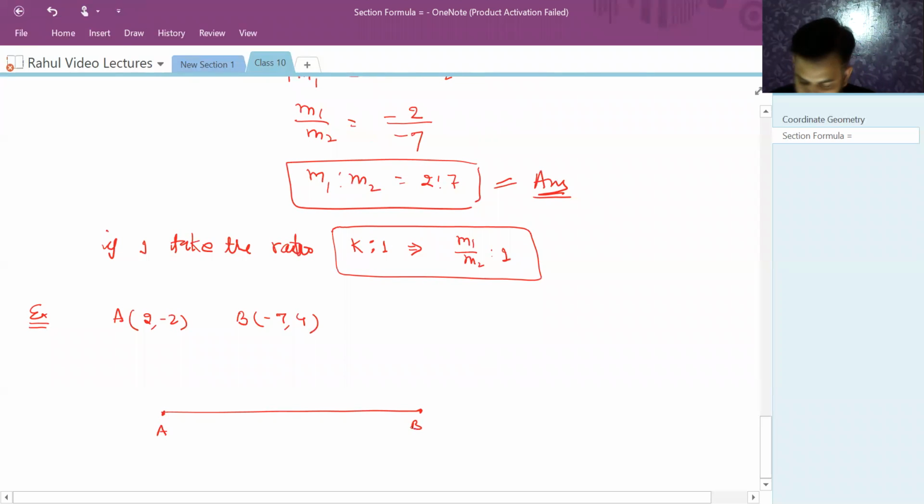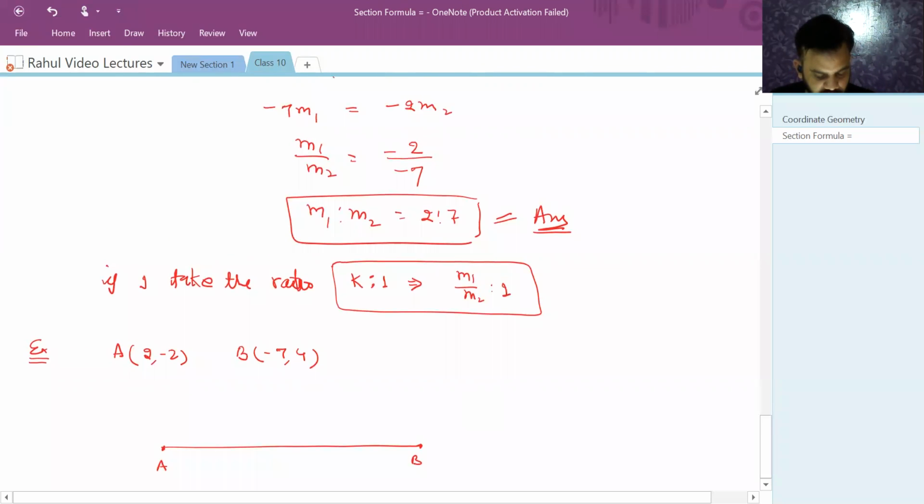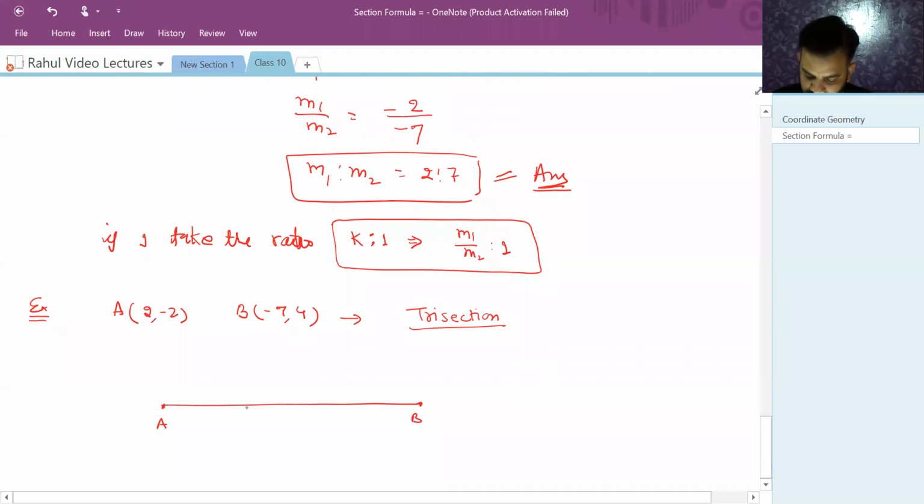And you are dividing it into three equal parts. It means three trisections. Trisection means three equal parts. Suppose you have 2 points here. So this is your P, this is your Q. You are dividing AB into three equal parts.